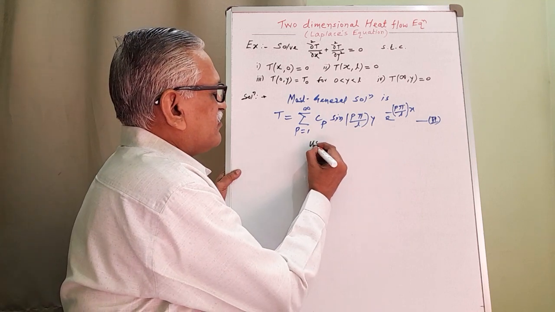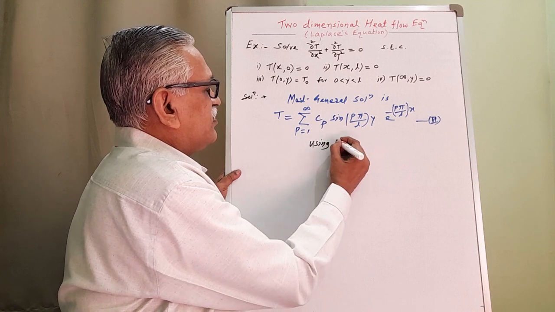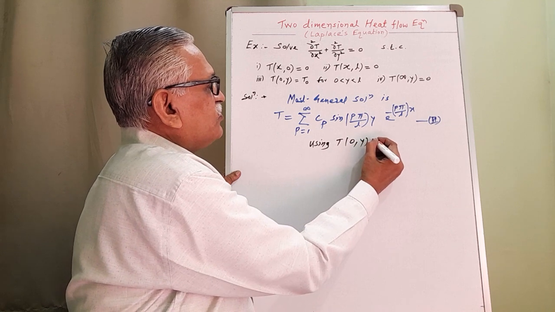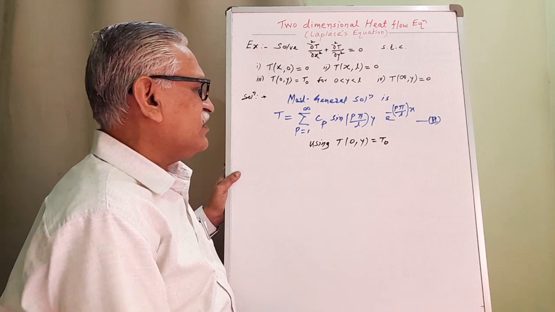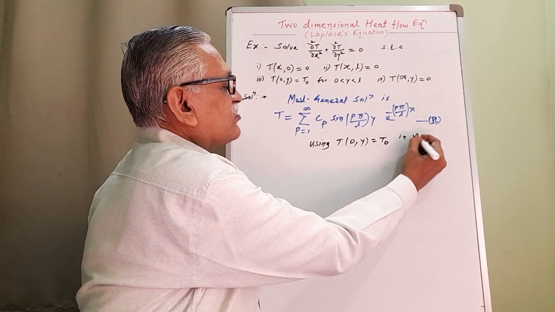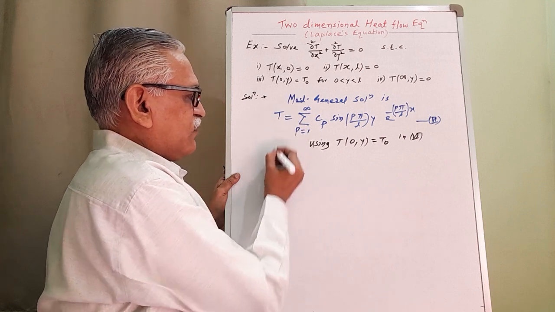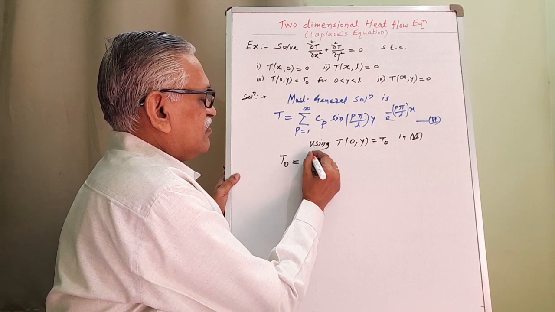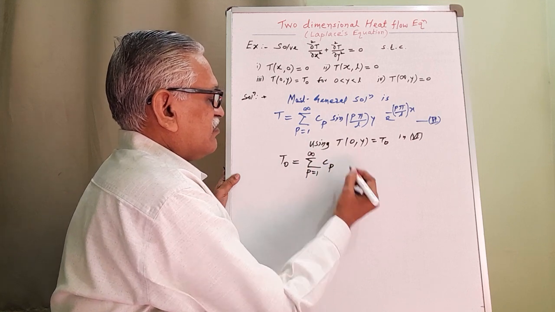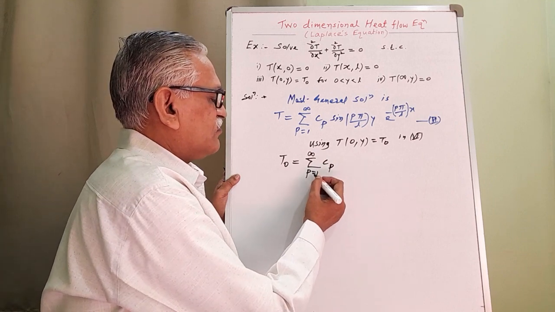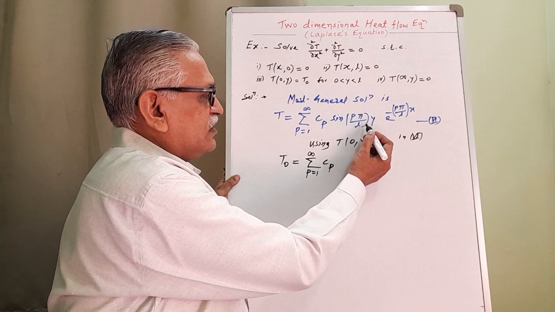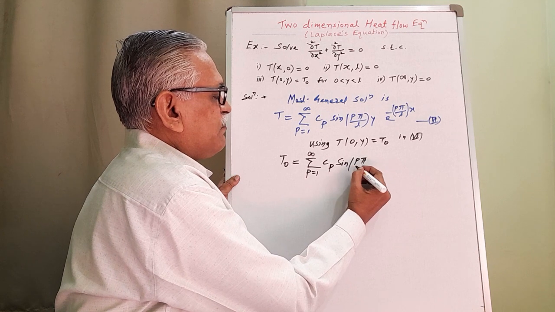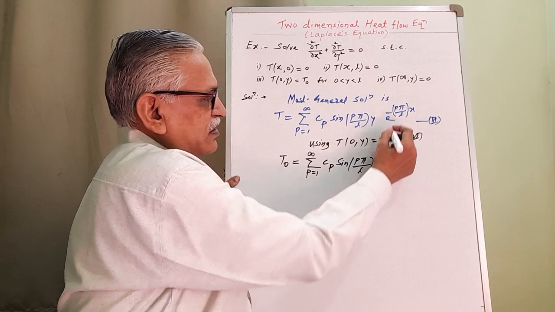Then using the condition T at x equals 0 as T0 for all values of y, in equation 6 we get, therefore left hand side becomes T0, right hand side becomes summation from p equals 1 to infinity cp sine of p pi by L times y, e raised to 0 is 1.